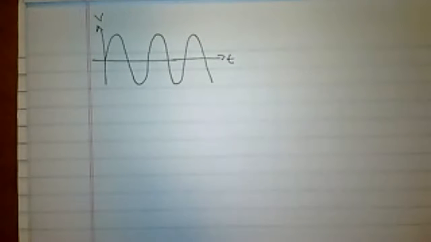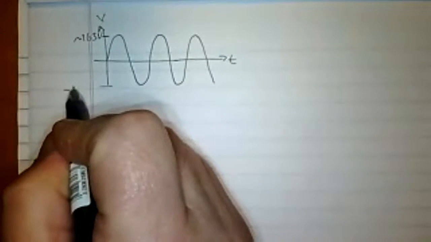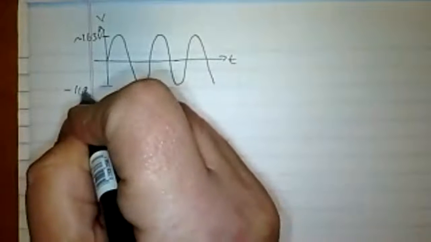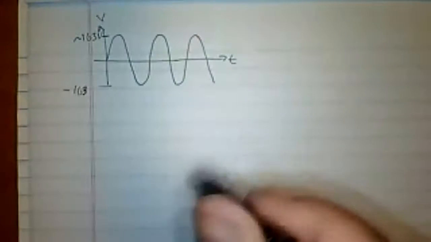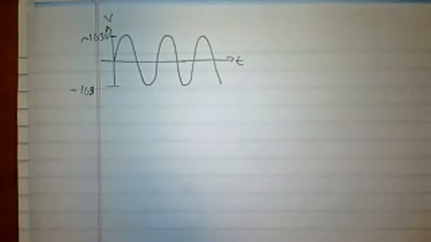So if we're calling the RMS 115, you got to remember correctly, that's about 162 volts, 163 volts roughly. Peak. So that would be peaked out at about 163. This would peak out at about negative 163, somewhere in there. Remember, there is some variation, just like I told you, it's not always 115. It can get to 113 and run up to 220.